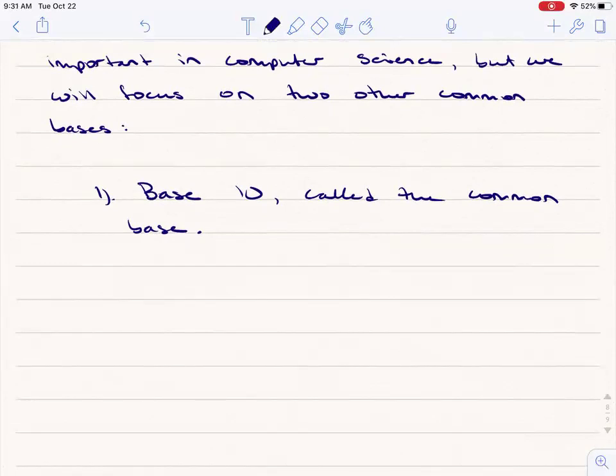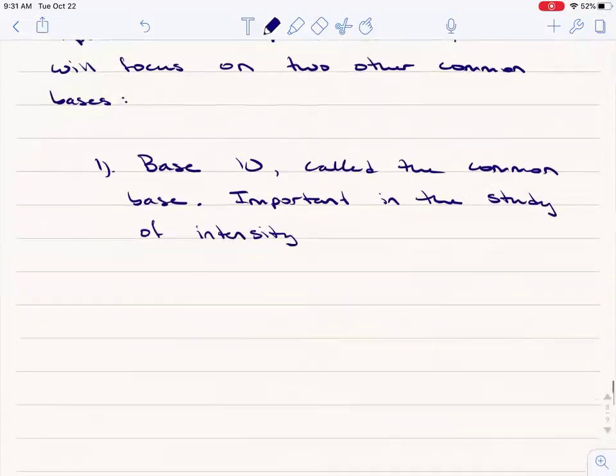It's important in the study of intensity, so things like sound, earthquakes, acidity, etc.